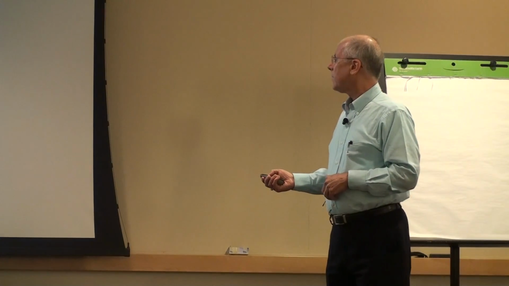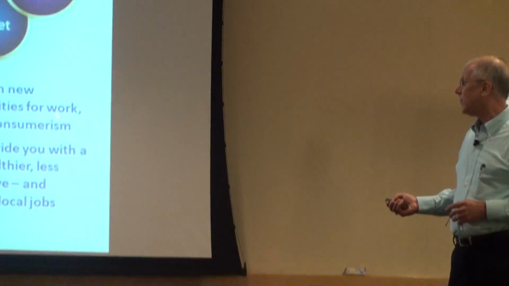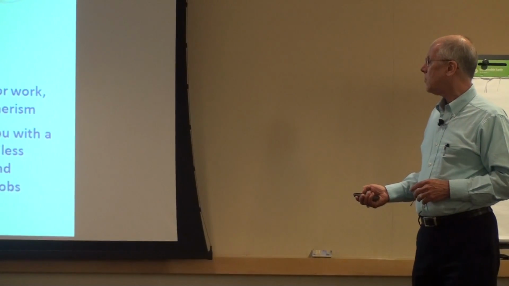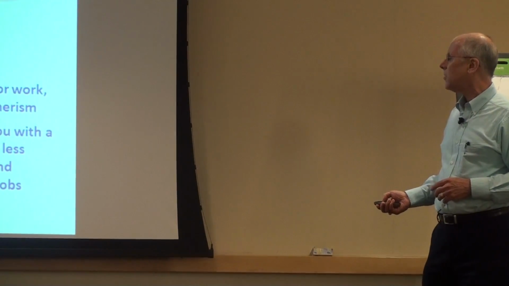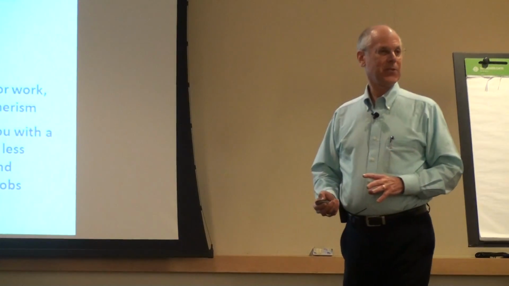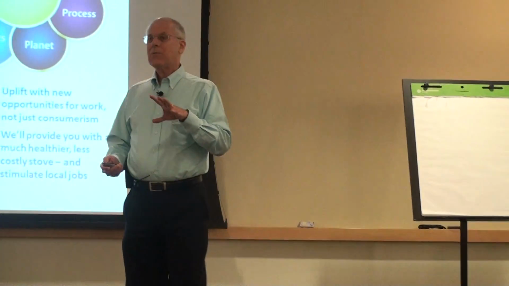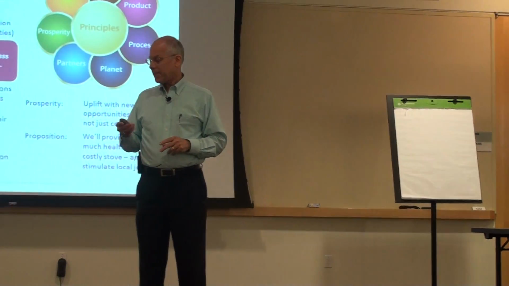The prosperity was to uplift new opportunities for work, not just consumerism. They weren't just trying to sell more stuff. And they used local entrepreneurs for the manufacturing and distribution. The proposition will provide you with a much healthier, less costly stove and stimulate local jobs. Again, these are examples of business models that were shifting the default thinking of business.